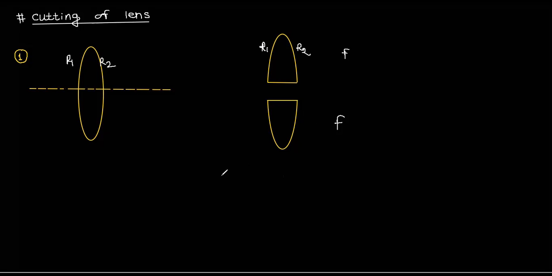Therefore in this case the intensity of image will decrease, whereas the focal length remains the same, because R1 and R2 remain constant. Okay, right. Next one.